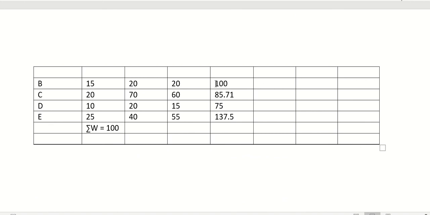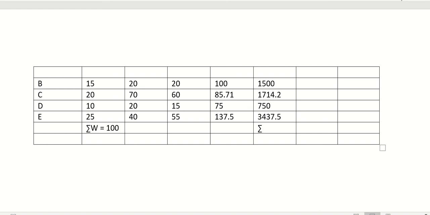Then it is 1500, this 15 into this 100, price into weights. Then 20 into 85.7, 1714.2. Then 10 into 75, it becomes 750. And the last one is 3437.5.